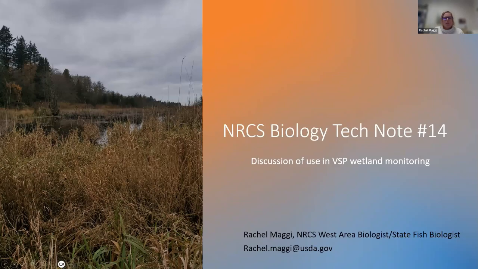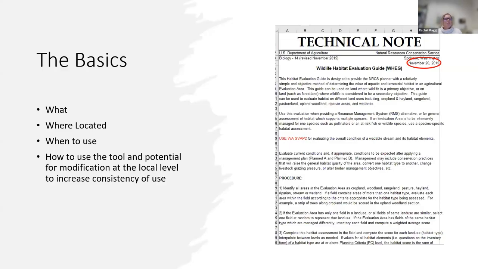So the first thing I wanted to do today is give you some basics on the tool itself, what it is, where you can find the tool, when to use the tool, and how to use the tool and potentially how to modify it for use at that local scale. And really the goal for me is to give you the information and knowledge on how to make it your own so that it increases consistency.